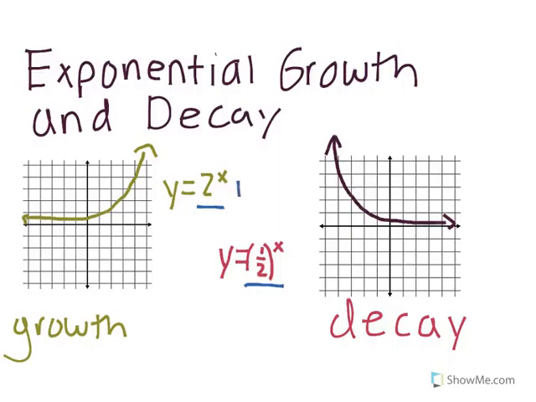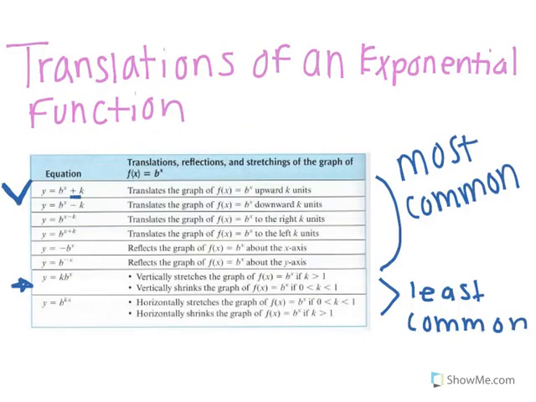If I had 2 to the x plus 2, I would have just taken this graph and shifted everything up 2 units. And if k was negative, I would shift everything down. So positive up, negative down. That's the same with all vertical translations, which we've talked about with the square root graphs and the linear graphs already. So the same rules apply.